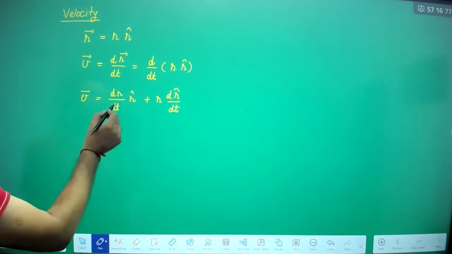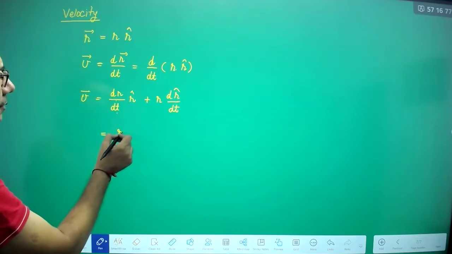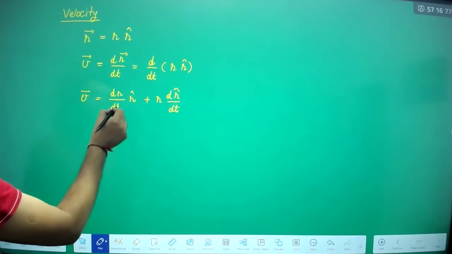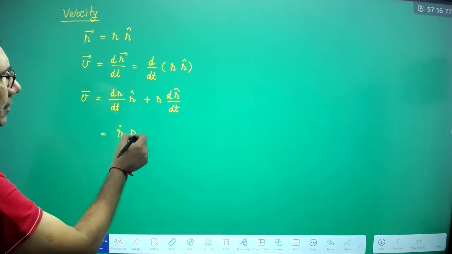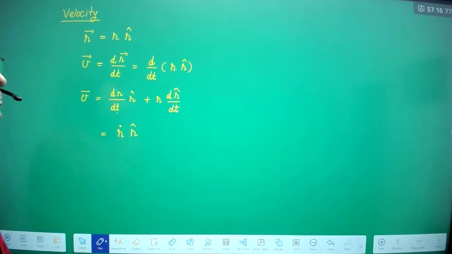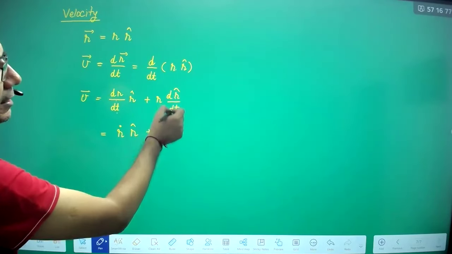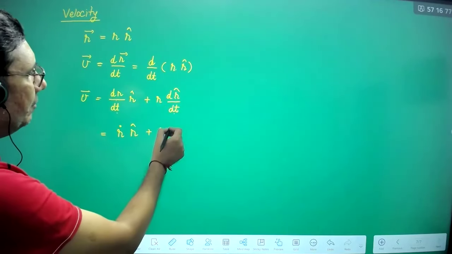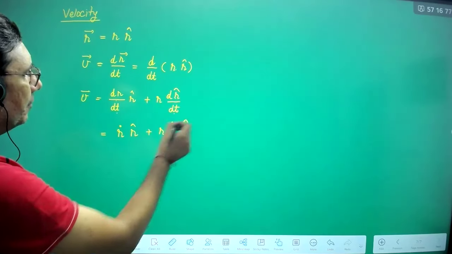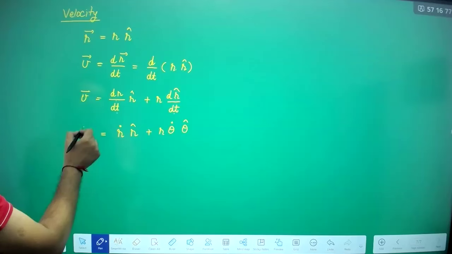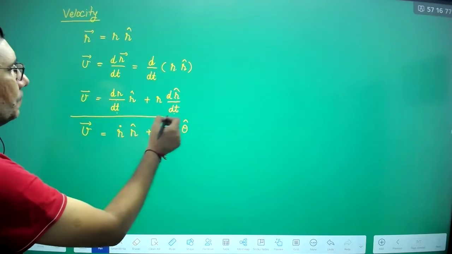So dr by dt, you can write it as r dot. dr by dt means how r is changing with respect to time. So this will be r dot r cap plus r. And what is d r cap by dt? I have just calculated that, it will be theta dot theta cap. So this will be the velocity vector in polar coordinates.